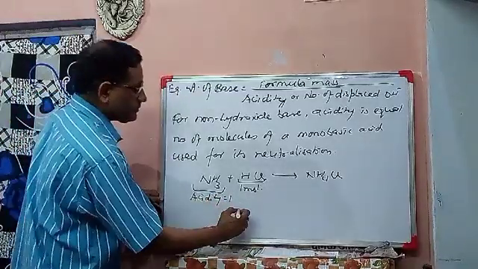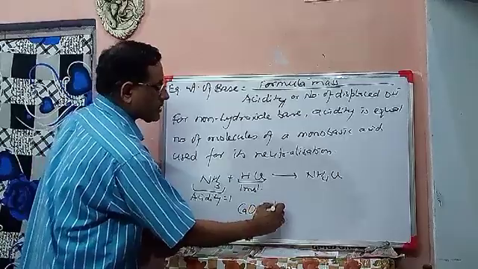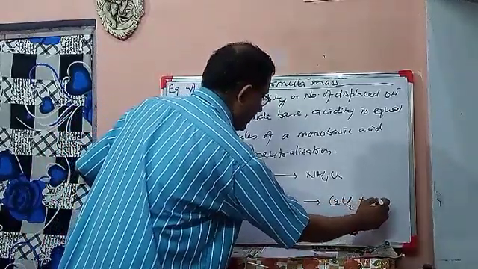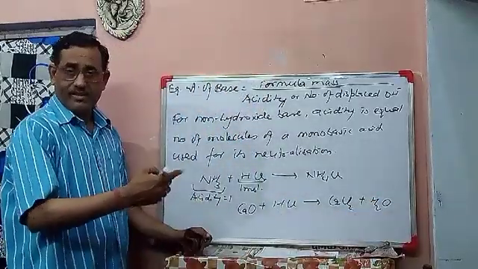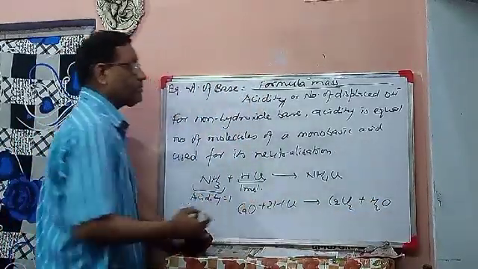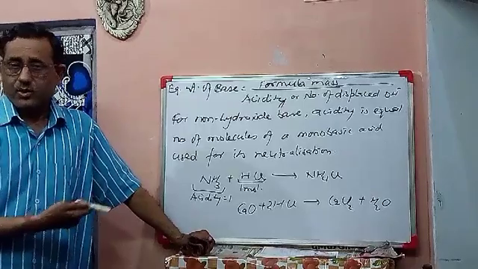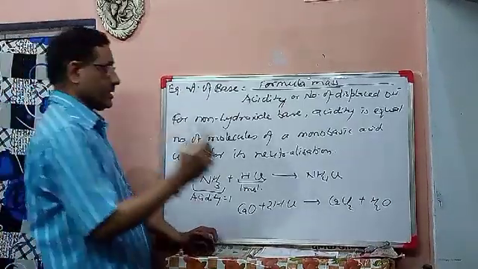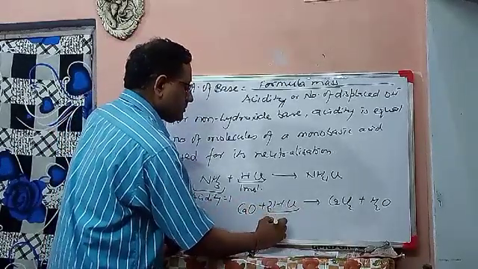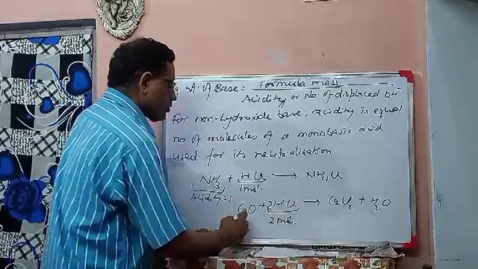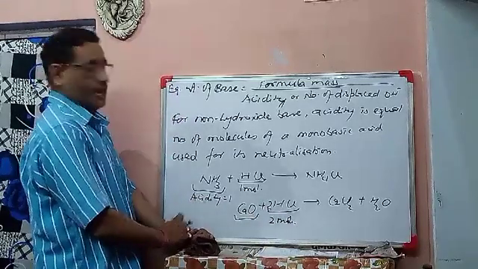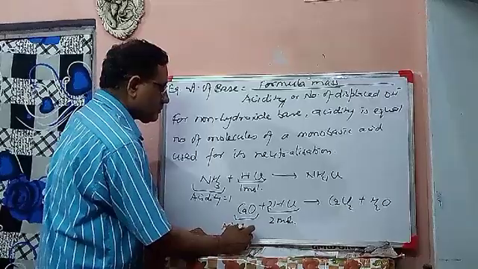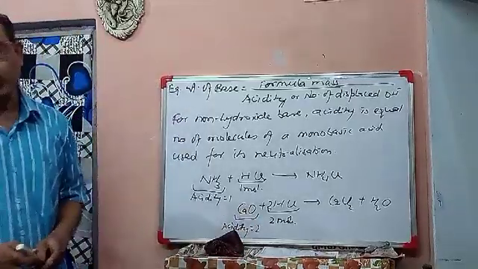In the same way, calcium oxide reacts with HCl, giving calcium chloride and H2O. You balance the reaction. See here, 2 molecules of HCl, a monobasic acid, are used. So the acidity of calcium oxide is also 2.